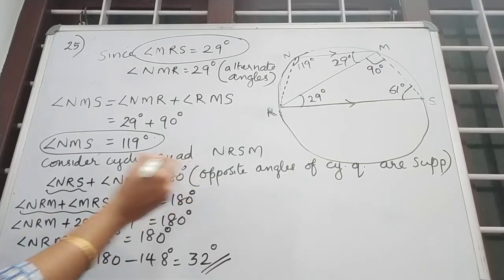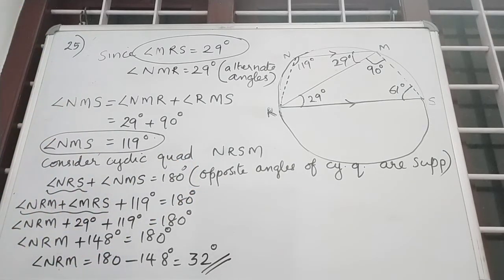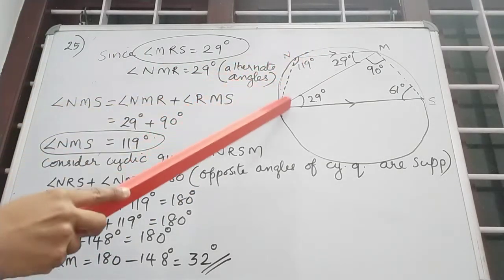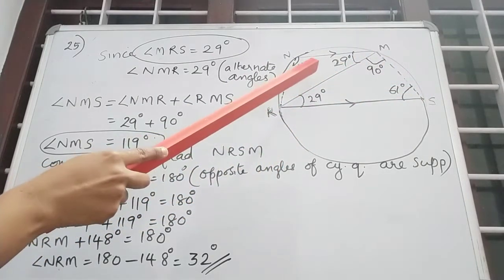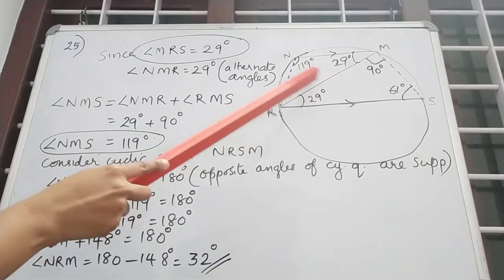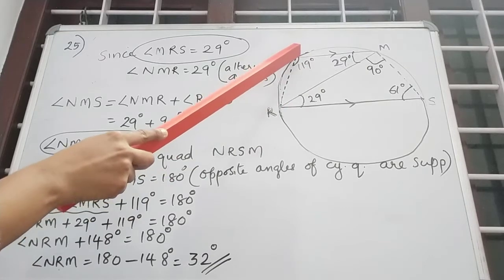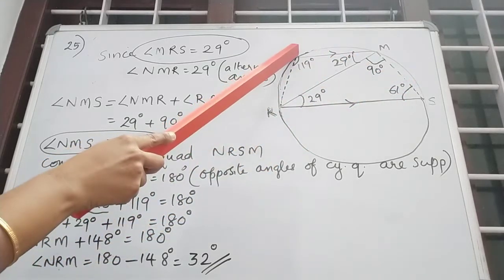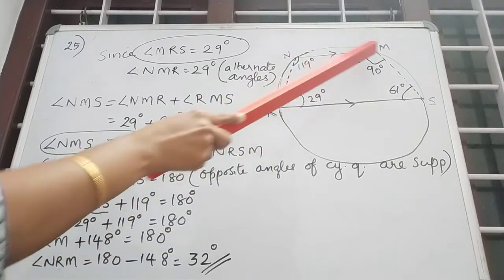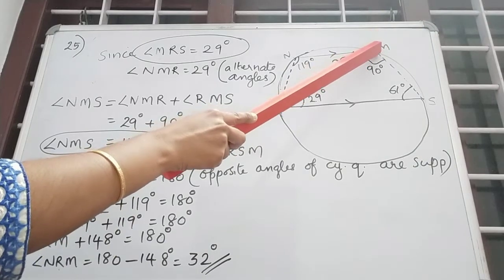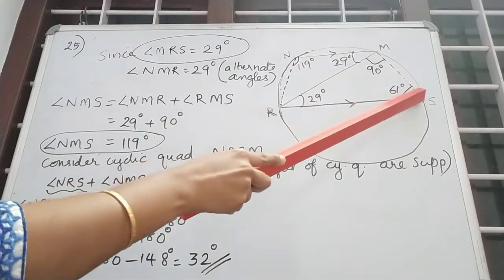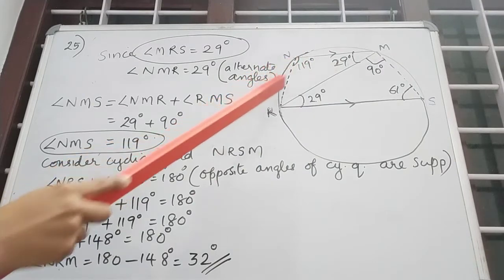So how can we write this? NRS will be the sum of these two angles. So we can split that. How can we write NRS? NRM plus MRS. Then we will get NRS.